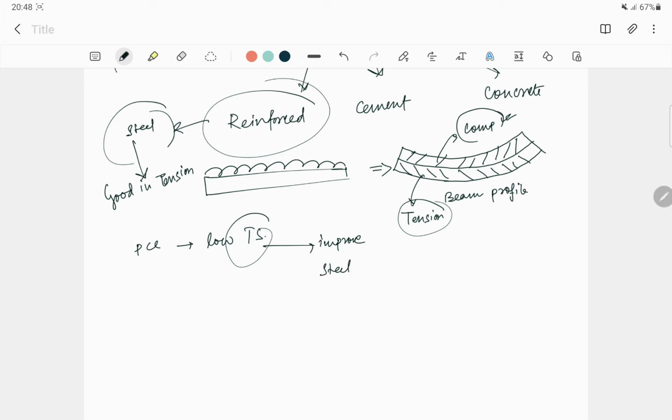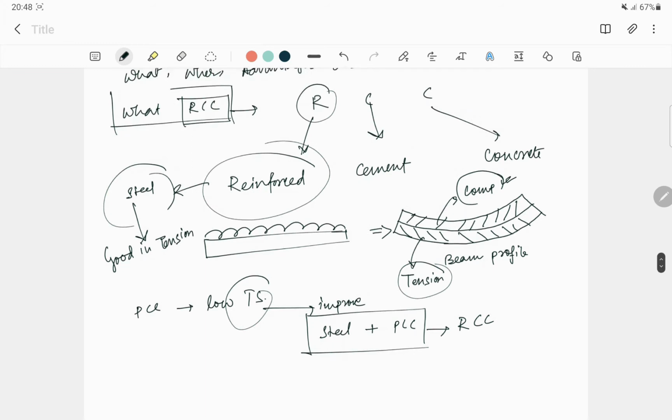Steel bars reinforced with PCC, and that whole thing is known as RCC. I hope that is clear for you, what we mean by RCC.